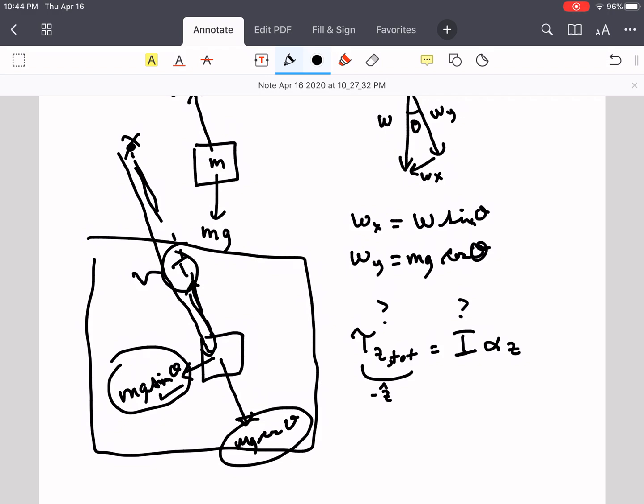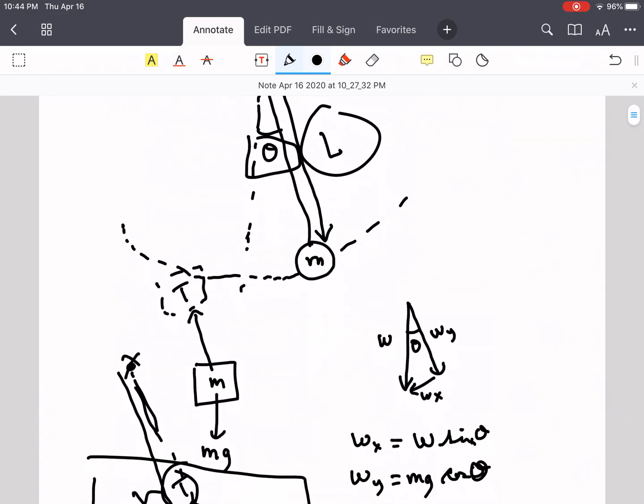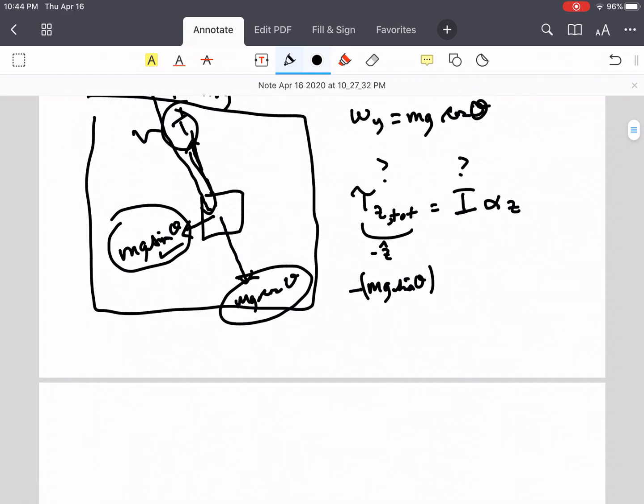So putting this together, the torque is negative the magnitude of the force, mg sine theta, times the radius at which it acts, which is simply the length of the rod, the length of the ideal wire, L. And that is equal to I times alpha z. This is mg sine theta L with no additional factors because mg sine theta is perpendicular to that radius.